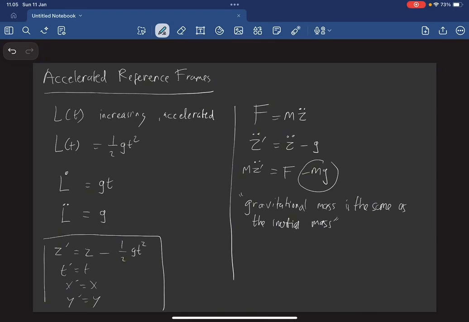If the equation of motion is F equals ma, and the force itself is proportional to mass, then the mass cancels in this equation. This is a characteristic of gravitational force. For a small object moving in a gravitational force field, its motion doesn't depend on its mass.